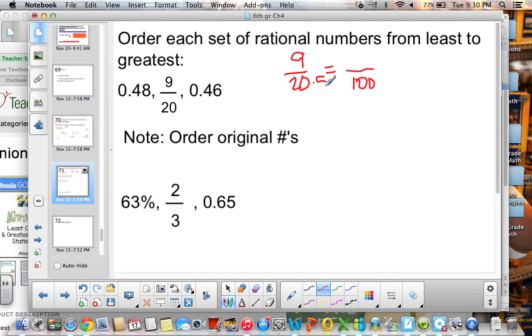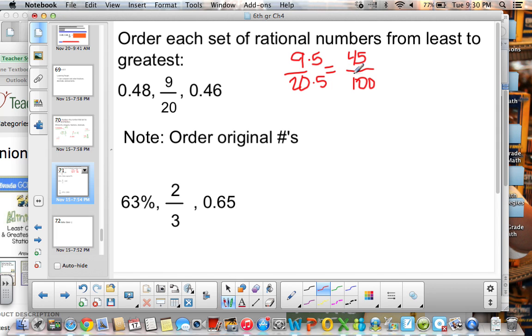So if we multiply 20 times 5, we have to do the same to the top, because whatever we do to the denominator, we have to do to the numerator. So 20 times 5 equals 100. 9 times 5 equals 45. So 9 twentieths is equivalent to 45 hundredths.